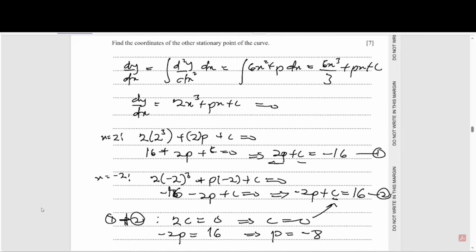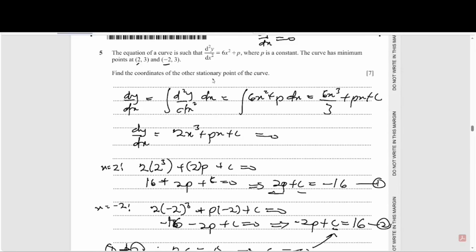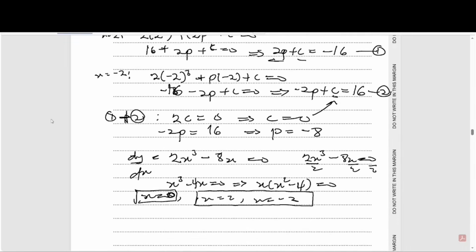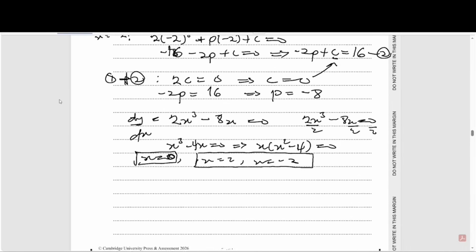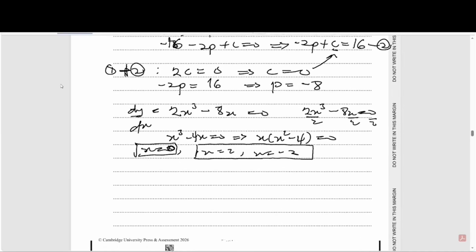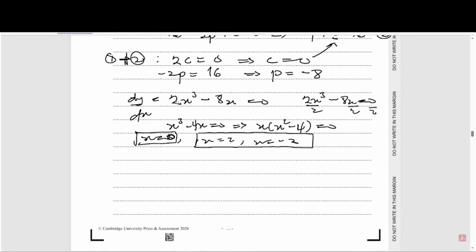Now that has been found, but then we're asked to find the stationary point. That means that we need to find the corresponding y value of this x is equal to 0. But we do not have the equation of the curve here, so we also need to integrate the first derivative to find the curve itself.